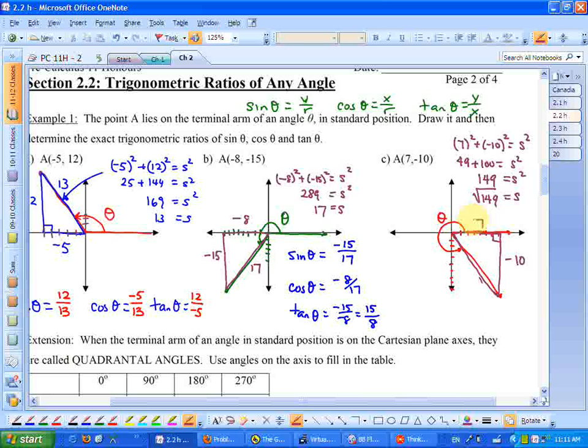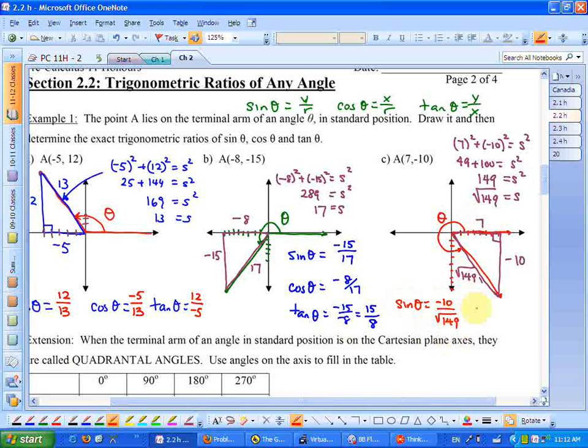Now, to show you how to do part C, once you get all three of your sides, you should be able to write out the ratios. So, sine theta is equal to, in this case, y over r, which is -10 over root 149. You don't need to rationalize the denominator, just leave the square root in the denominator, that's perfectly fine.